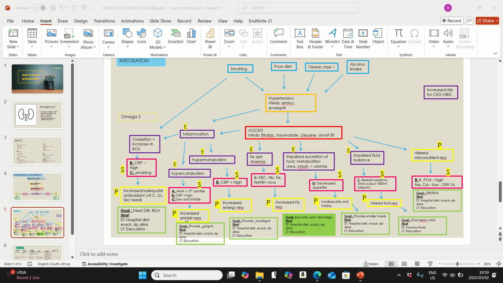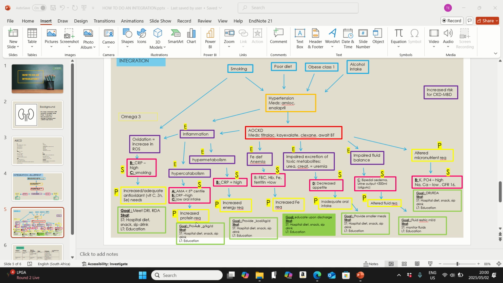So I've also then included the goals and strategies like we said previously. Your goals for the hypercatabolism are always going to be your recommendation or what is stated in, for example, the ESPEN guidelines or the KDOQI guidelines, or whichever one you do use.